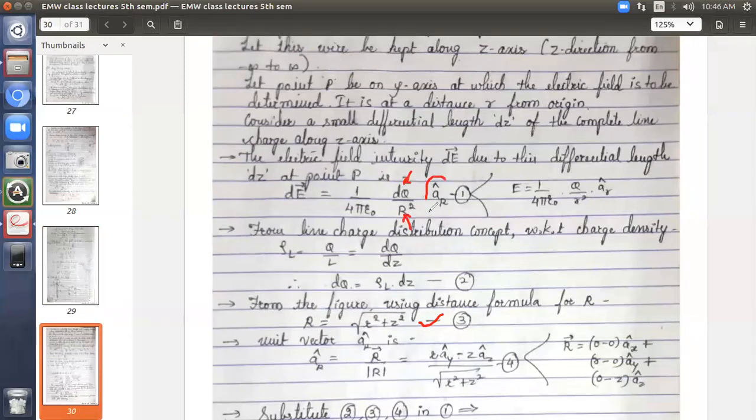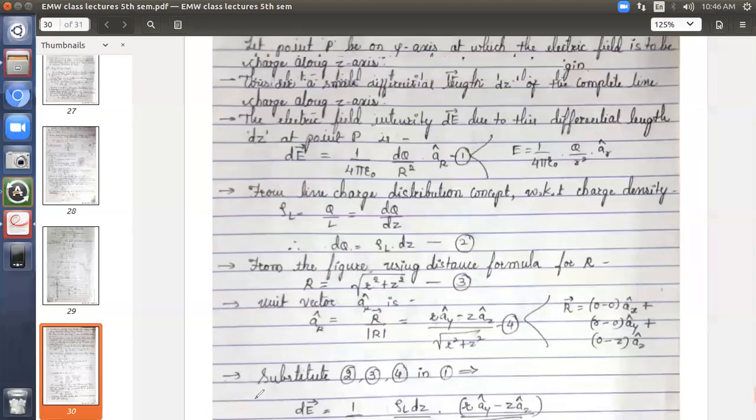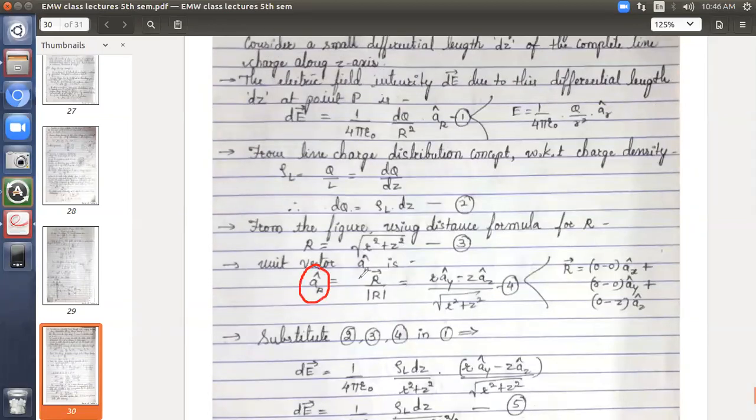Now let us find the unit vector associated with R. How to find the unit vector? It is the vector divided by its magnitude. I have written here that the unit vector is the position vector divided by its magnitude. Now the position vector, you can see it: coordinates subtracted. One point is 0, 0, z. The other point is 0, r, 0.